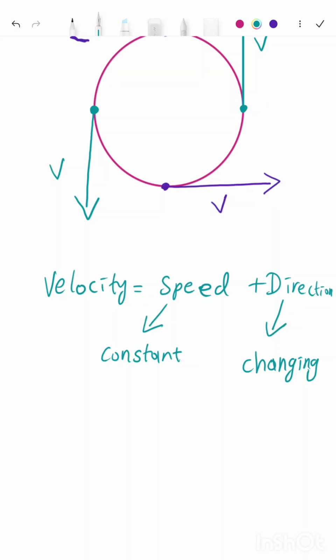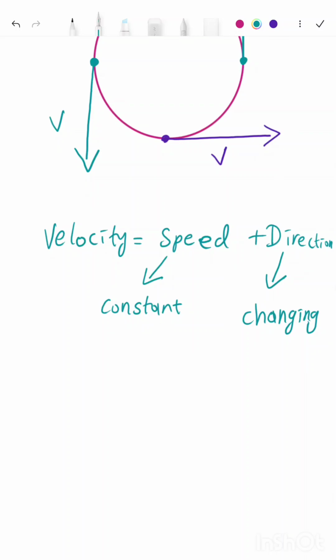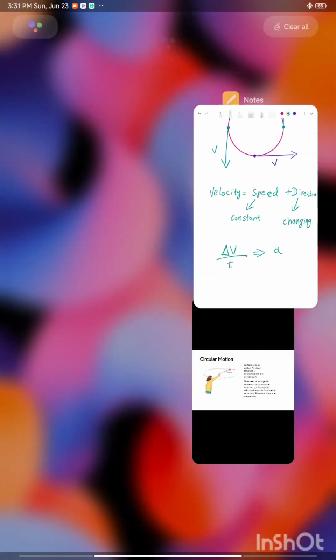So we say that the velocity of the object in circular motion can never be constant. And if the velocity can never be constant, then of course, since we know that the change in velocity per unit time is equal to acceleration, we can say that the object is accelerating while it is moving in a circular path.